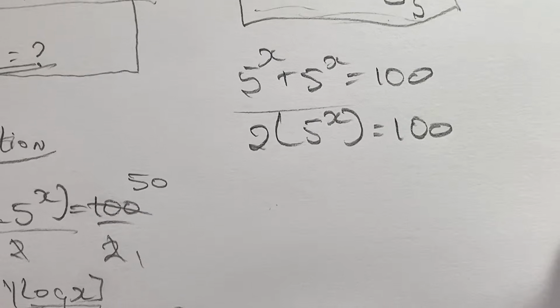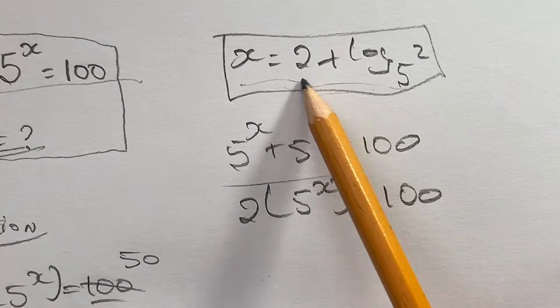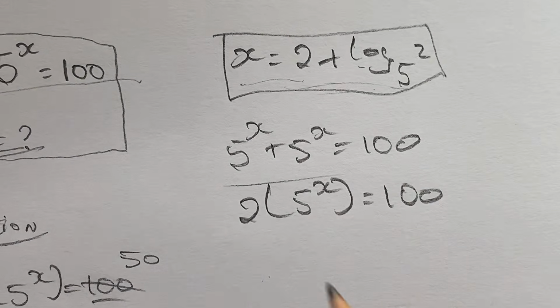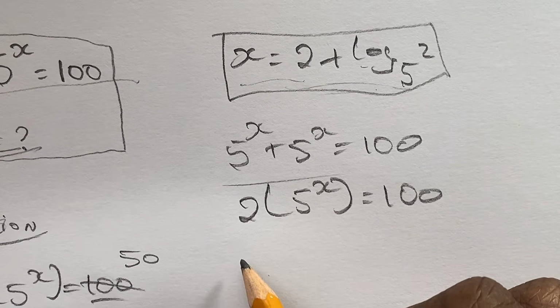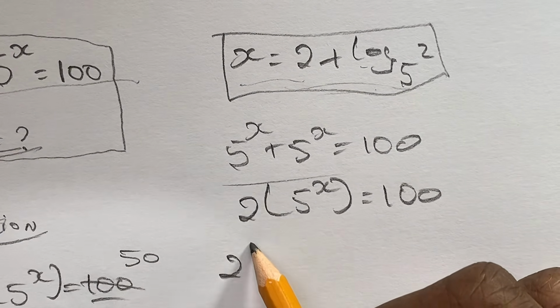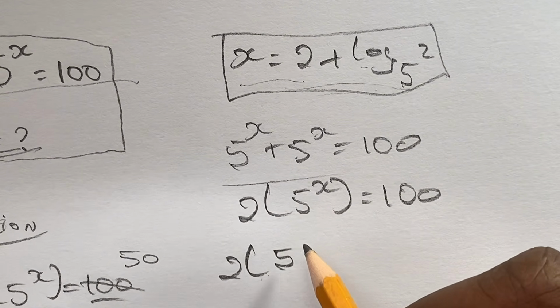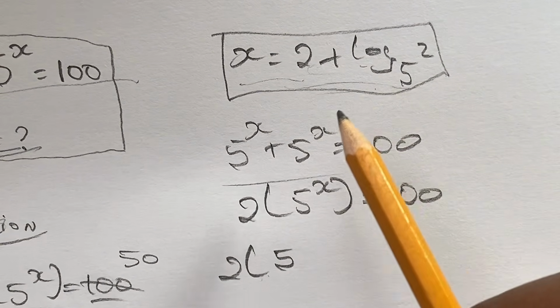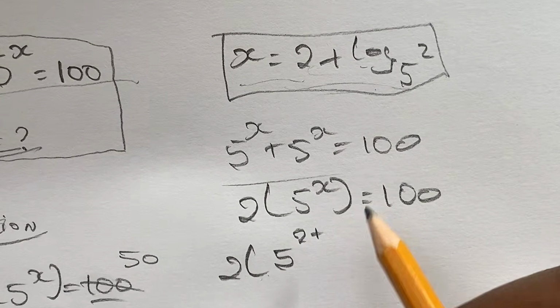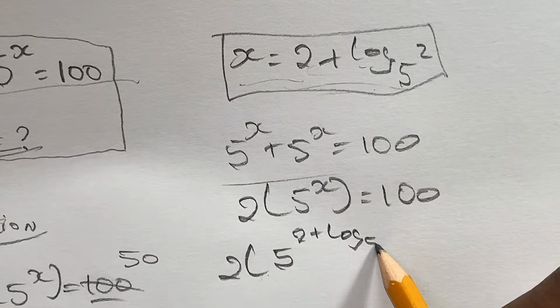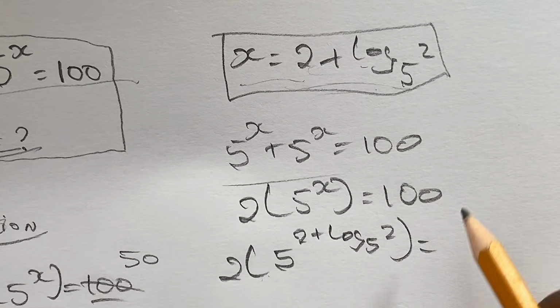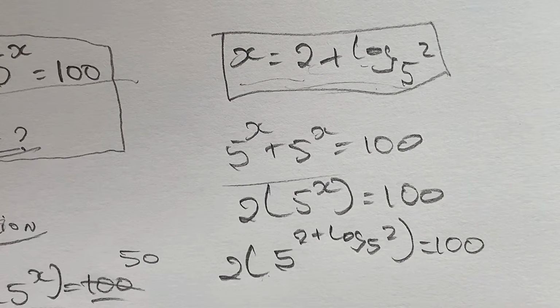And since we know the solution for x, we said that x is 2 plus log base 5 of 2. We could simply have this now written as 2 times 5 to the power of 2 plus log base 5 of 2, and we say that is equal to 100.